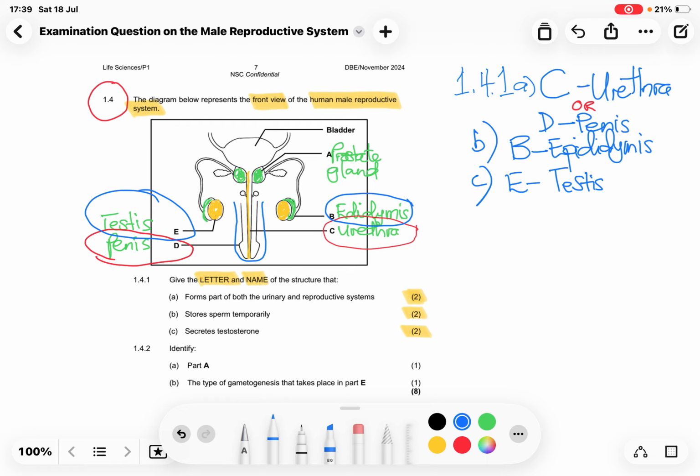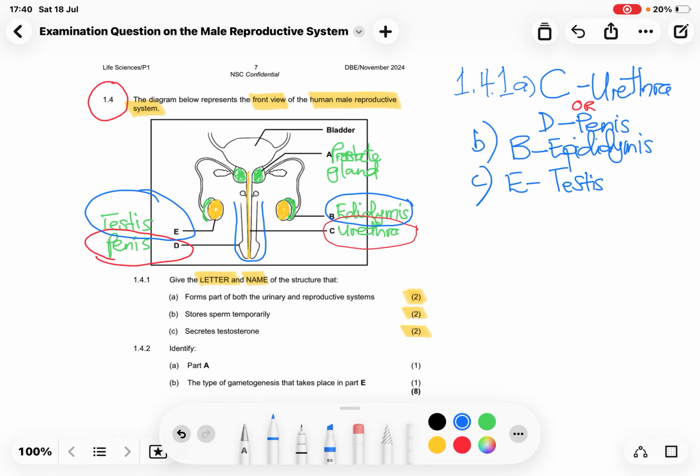Okay, so we're done with question 1.4.1. It is a simple question which is easy, requiring you for recall, to show that you have the knowledge on the male reproductive system and nothing else.